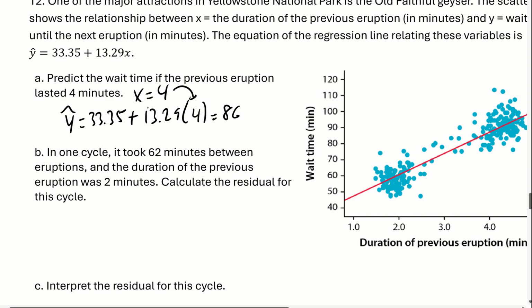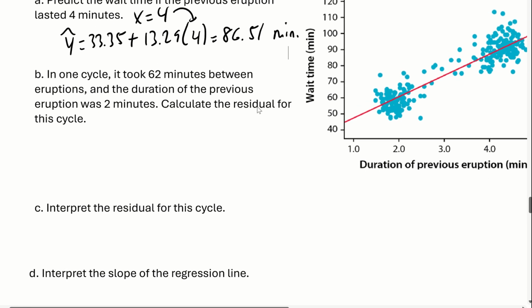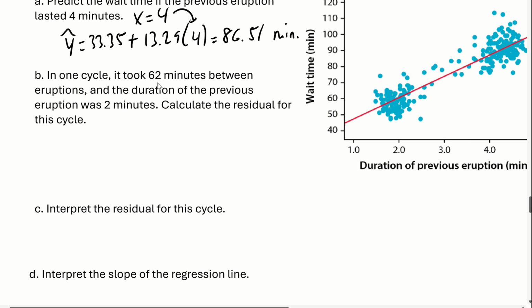And we get 86.51 minutes. So that means if the eruption lasted 4 minutes, we would have to wait about 86.5 minutes for the next eruption. Predicted. In one cycle, it actually took 62 minutes between eruptions. So this is my actual y.